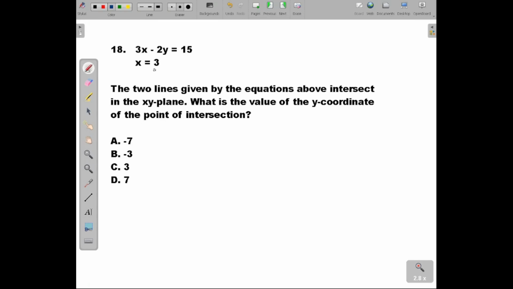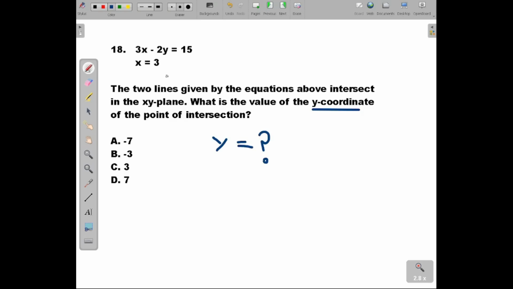Number 18. We have these two equations, 3x minus 2y equal to 15 and x is equal to 3. The two lines given by the equations above intersect in the xy plane. What is the value of the y coordinate of the point of intersection? So we want to find the value of y.